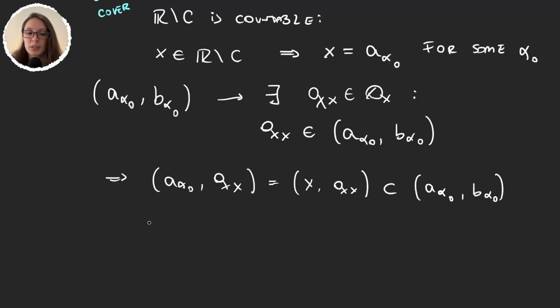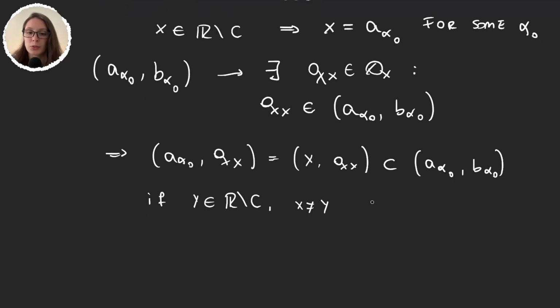But if we take another element in R minus C that's different from X, then we could also choose from this, in the same way we did here, the Qy. If Y is different from X, we can suppose that X is less than Y, then this implies that Qx is less than Qy.